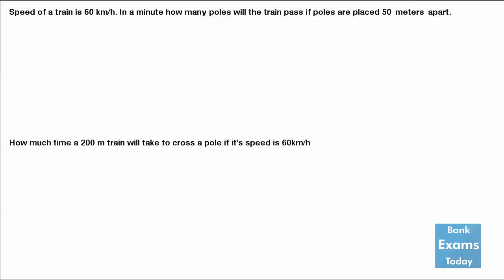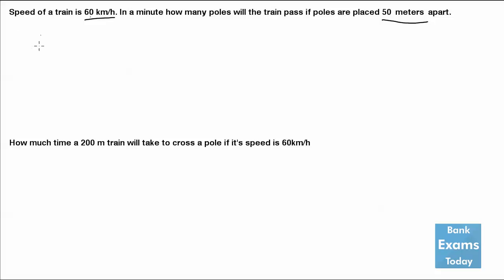The speed of a train is 60 km per hour. In a minute, how many poles will the train pass if the poles are placed 50 meters apart? So first of all, what is the speed of the train? That is 60 km per hour. Since the poles are 50 meters apart, we need to convert the speed into meters per second.